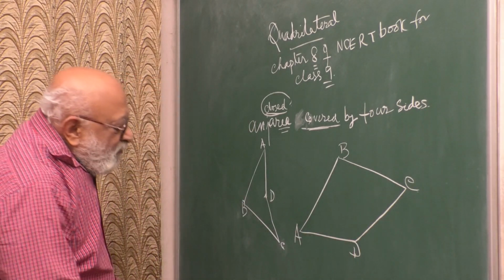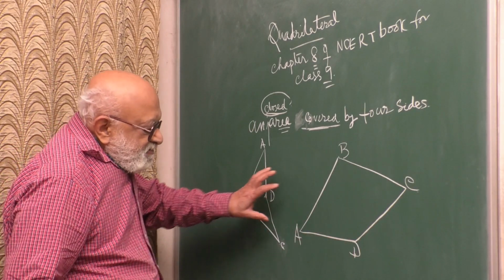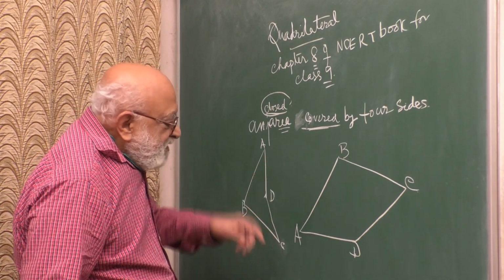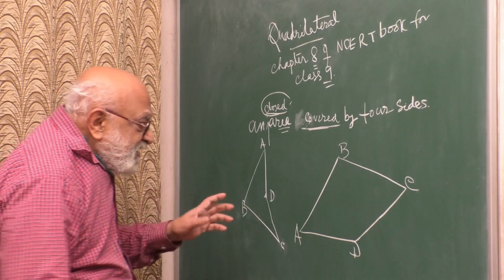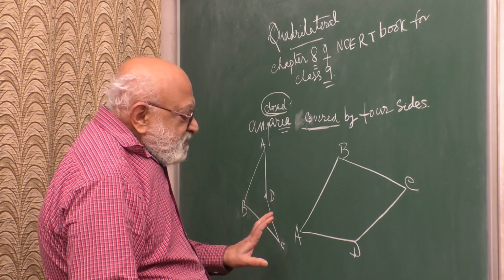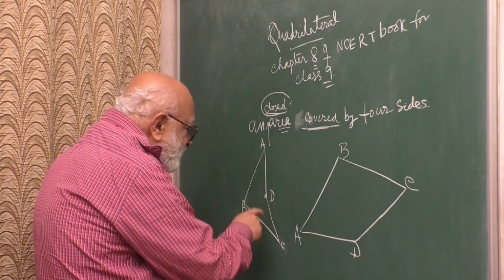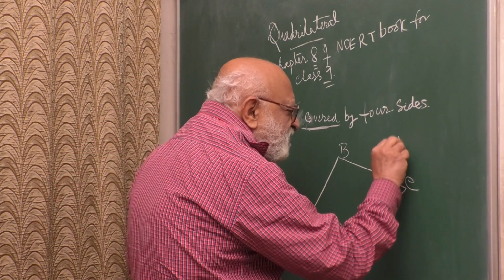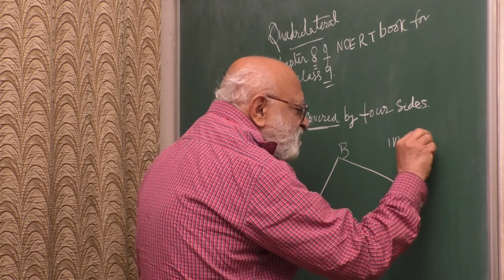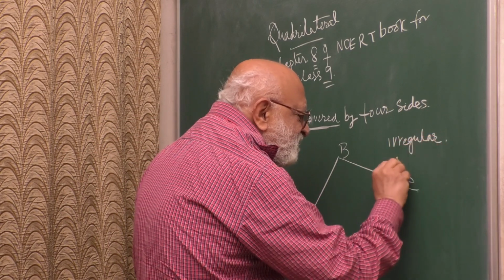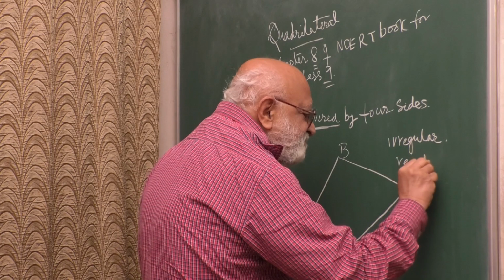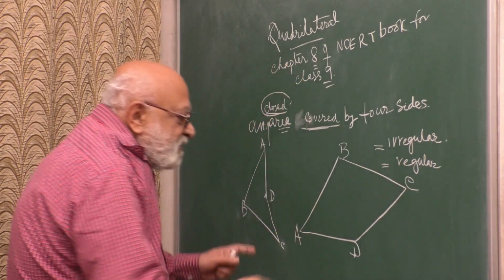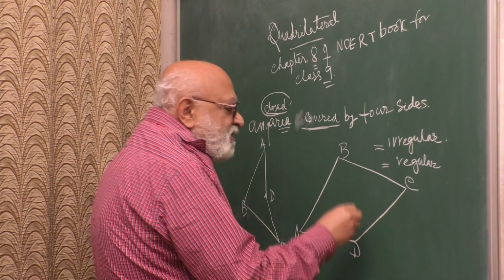Now, one of the problems with these kinds of figures, even though they are quadrilaterals because they have 4 sides, is that they are not very easily amenable to measurements. So there are 2 distinctions: one is irregular and the other is regular quadrilateral.